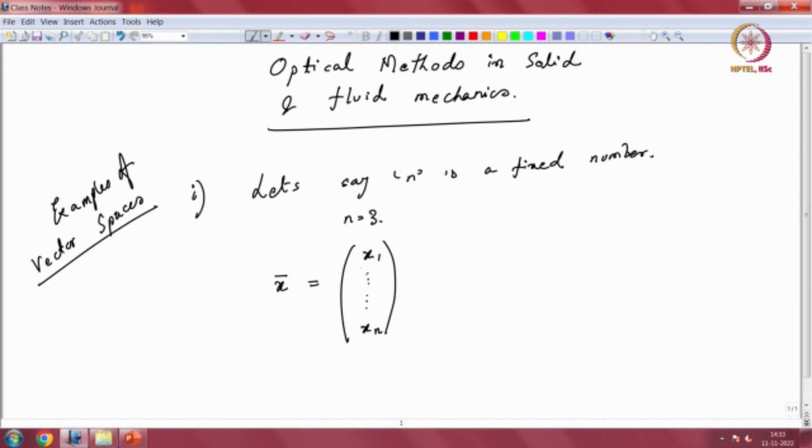It is important that in every vector space this n be fixed. Then this set of all possible column vectors are elements of a vector space.